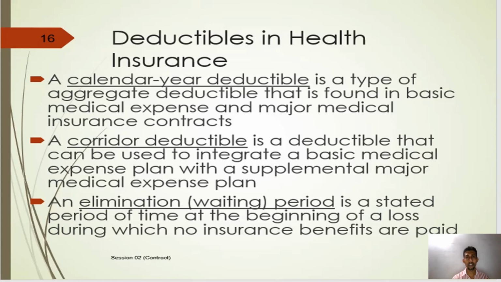So these are some of the deductibles we see in health insurance policies, and there are more specific deductibles depending on the type of the insurance policy and the two parties.